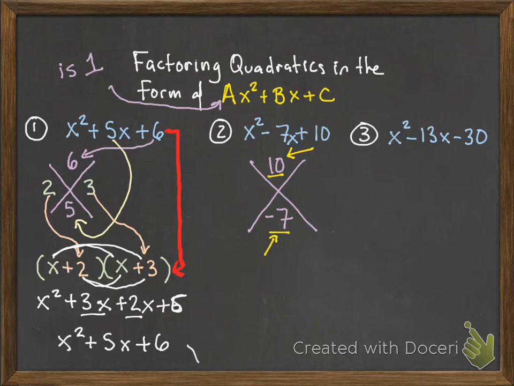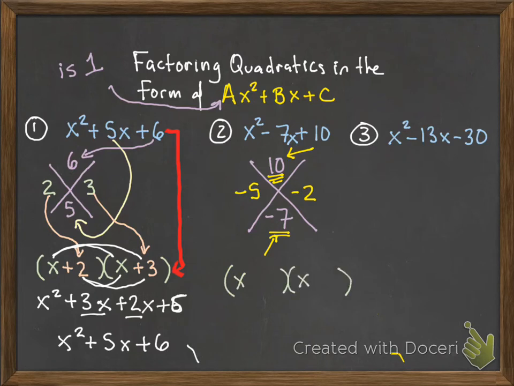So I'm going to guess the two numbers are negative 5 and negative 2. Let's check. Negative 5 times negative 2 is 10, and negative 5 plus negative 2 is negative 7. That's good.